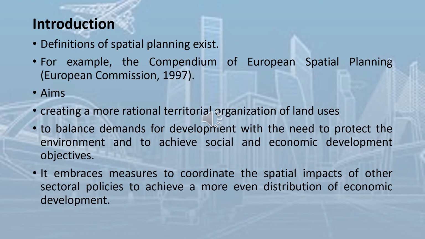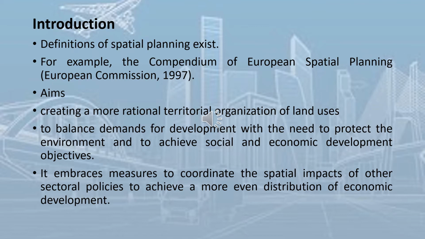Now, what about the definition for spatial planning? We can see from the literature, when you search on the net, that various definitions exist. One such definition comes from the Compendium of European Spatial Planning, which defines spatial planning as a method used largely by the public sector so as to influence the future distribution of activities in space.